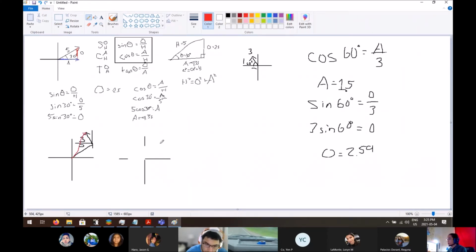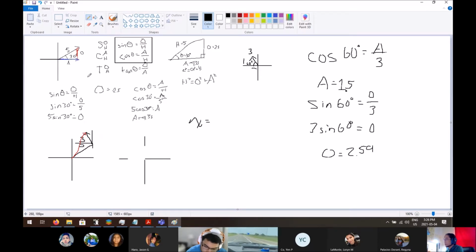How do we do that? Well, first off, by adding all the component vectors. So we're just gonna do the y first. Actually, let's do the x first. So x would equal both of the adjacents.